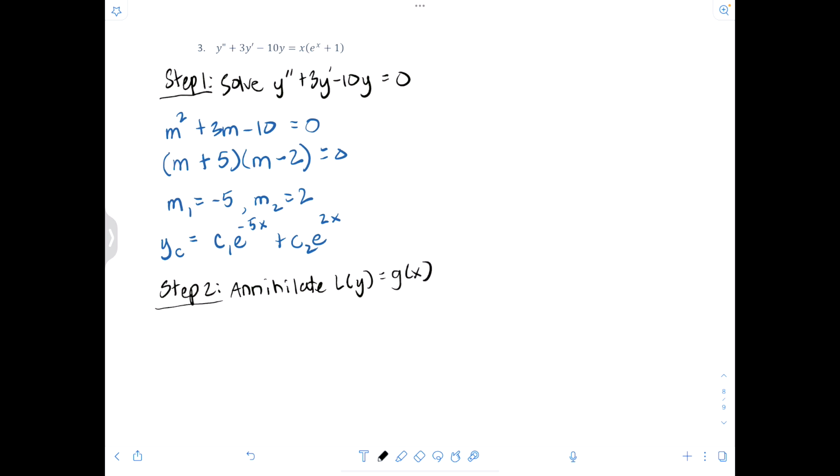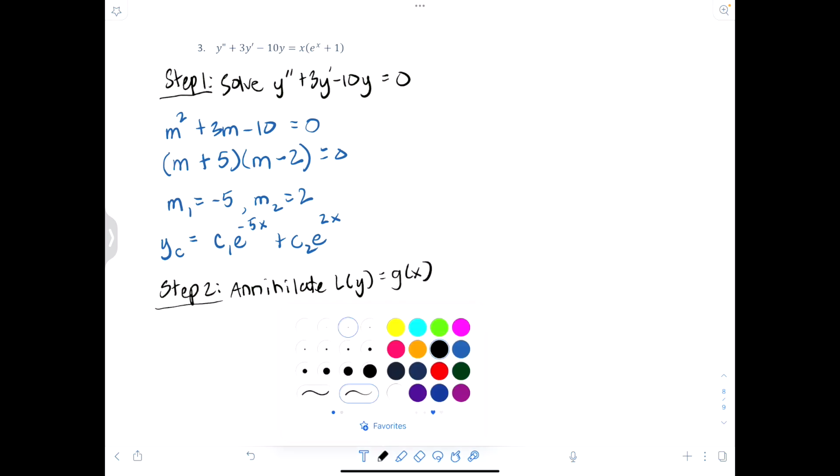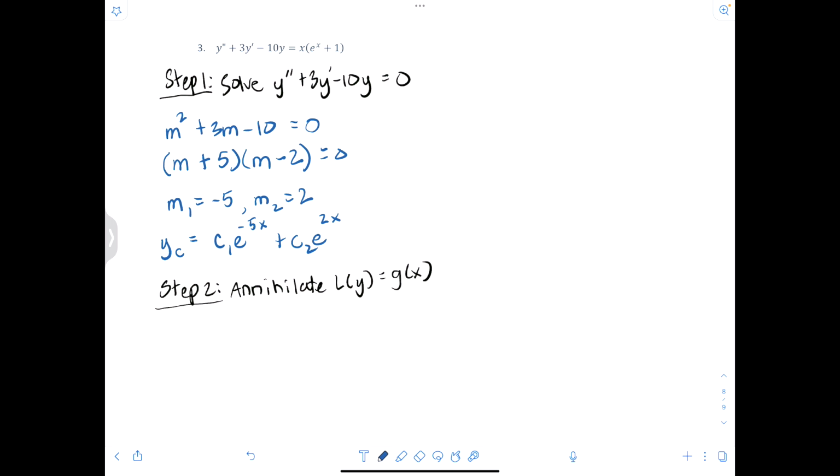So this one will be a little more complicated, right? Got more going on than just a constant. So on the left, we'll have our second derivative plus 3 times that first derivative minus 10. And then on the right-hand side, I'm going to take a look at this. I kind of like multiplying them out.